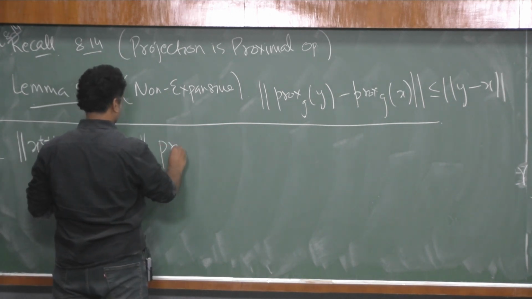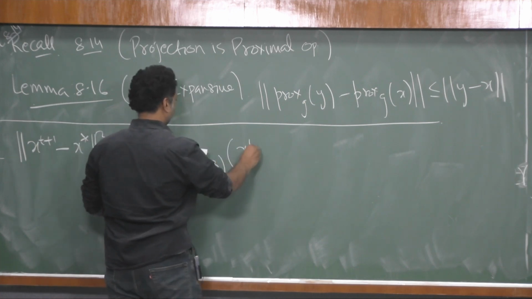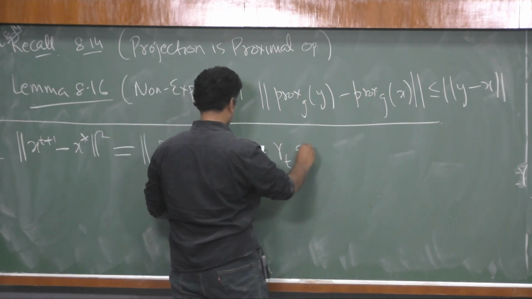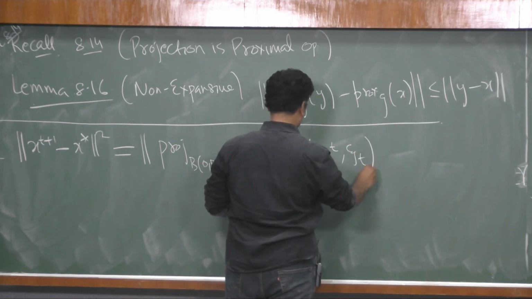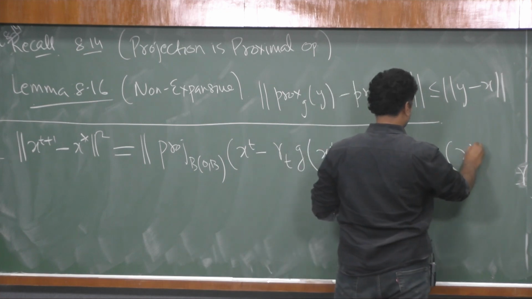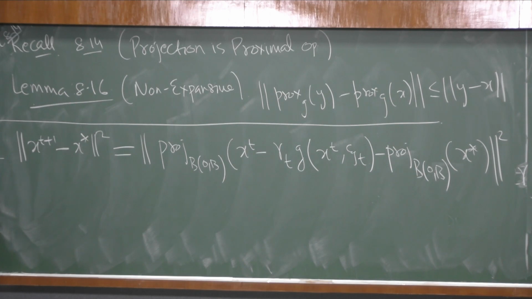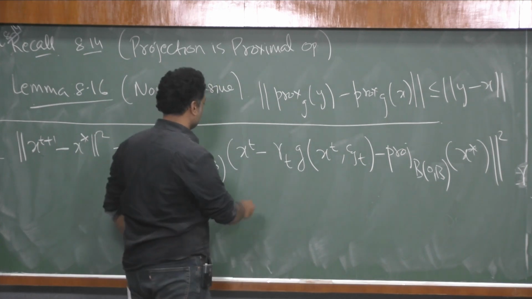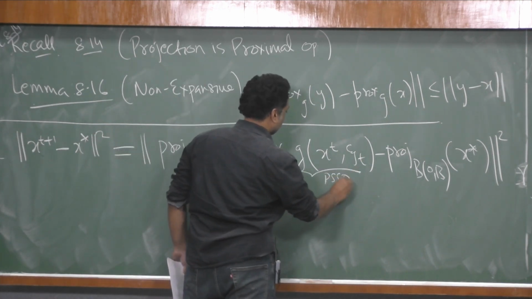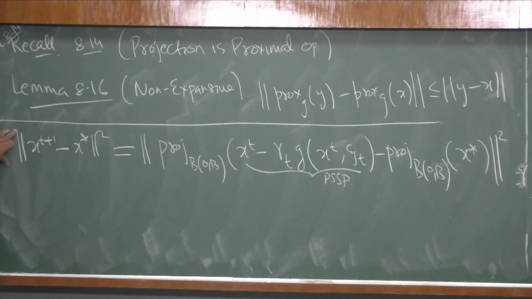So this is the norm squared of the projection onto the ball 0b of x t minus gamma t g of x t, xi t, minus the projection onto the ball 0b of x star. Since it's a non-expansive operator, I have done one more step: x t plus 1 is x t minus this, and this follows from the PSSD algorithm. Then I can insert the projection operator and it will still not expand. So that's the non-expansiveness.